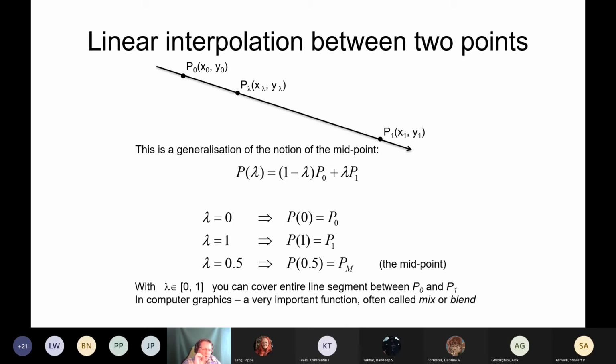But you probably also remember that vectors can represent other things, like, for example, colors in the space of colors. And now, using this formula and iterating this lambda slowly from 0 to 1 across various values, you can create a gradient of colors. So a smooth transition between two different colors. This mix or blend function has many applications in computing.